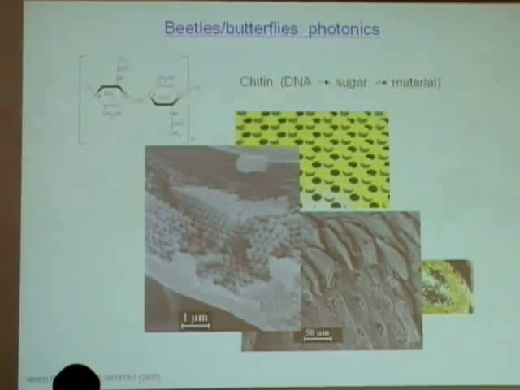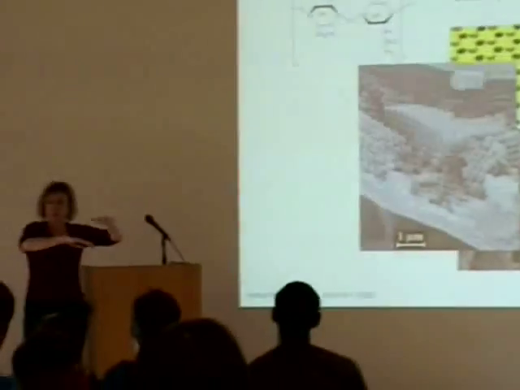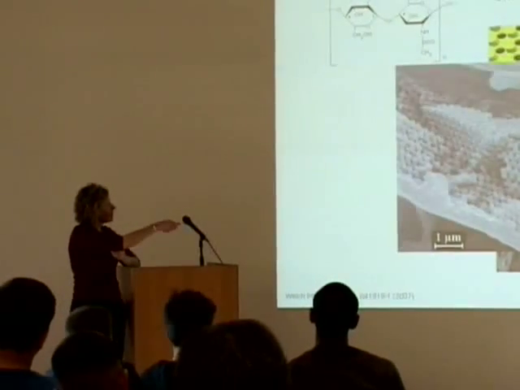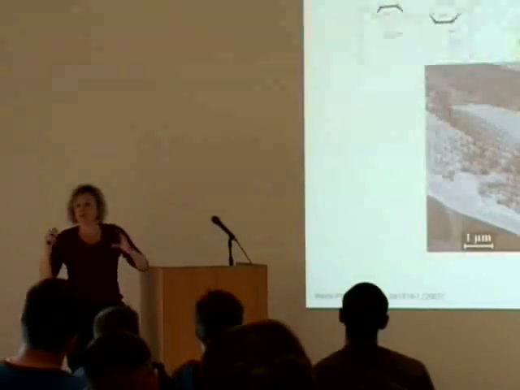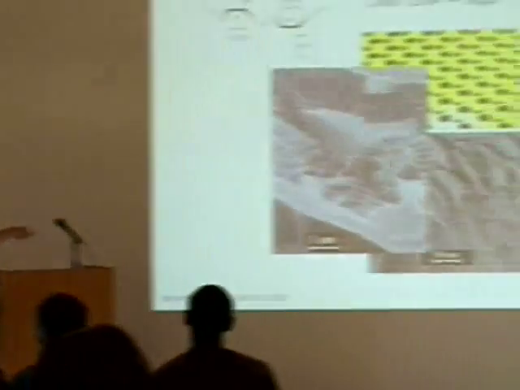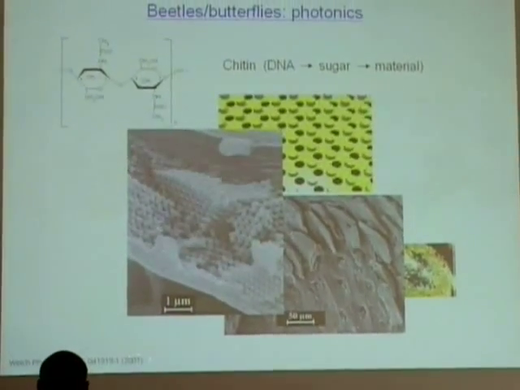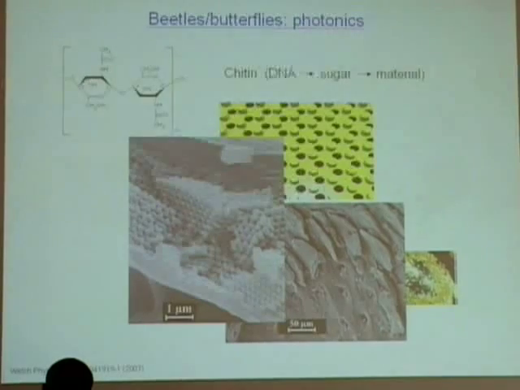But somehow the organism knows to take chitin and make long strands and pack them into layers of paint here, and yet it's able to figure out how to make chitin into a hexagon and to pack that differently here. And so I'll tell you, this is a pretty new discovery. They haven't been working on this nearly as long as they've been working on the diatom. So they don't really have a good feel for how does it know to make this?